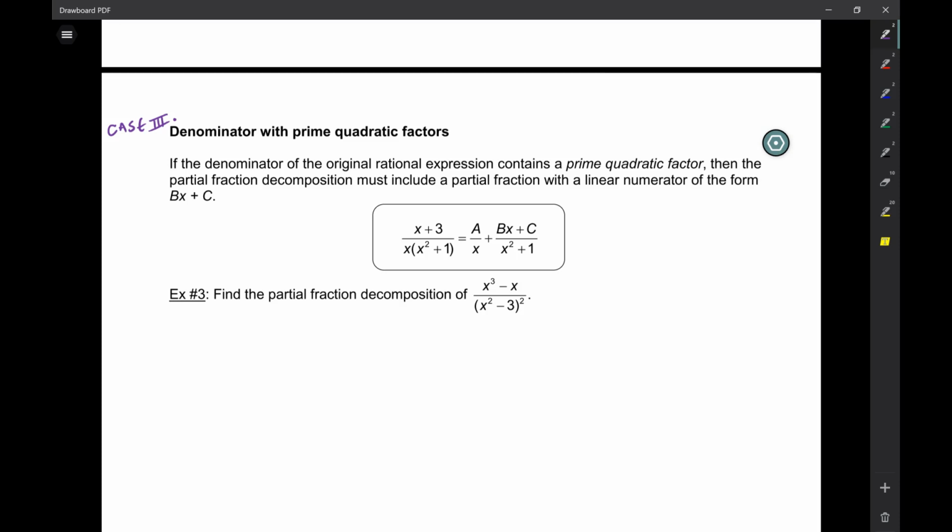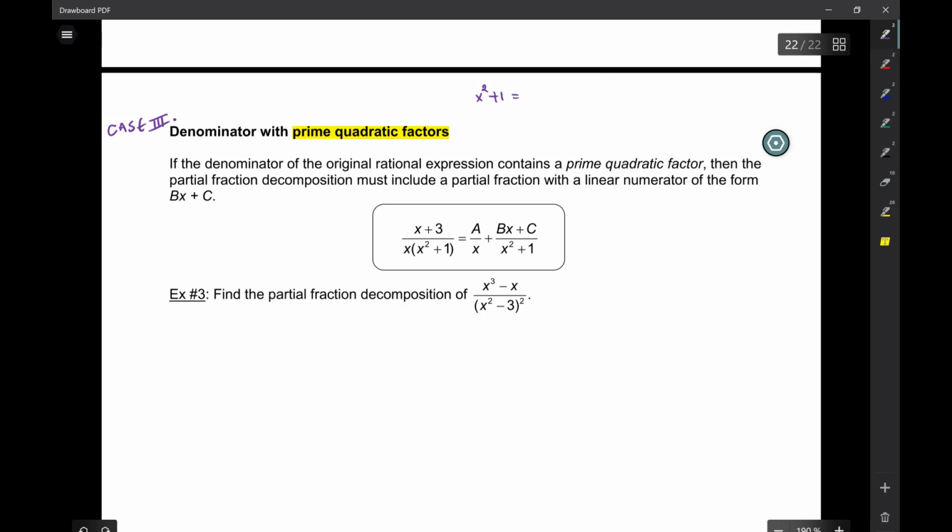So, this one is denominator with prime quadratic factors. For example, if you have x squared minus 1, that factors, right? x minus 1, x plus 1. But now, suppose you had x squared plus 1, that can't be factored any further.